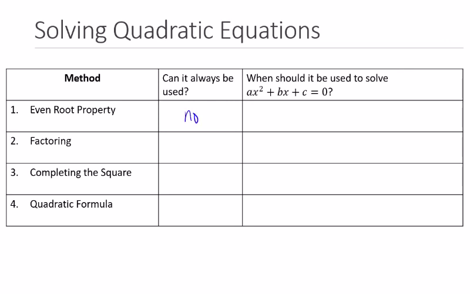No. When should it be used? Or when at least maybe can it be used, is when you have an x squared term, or that squared could be any kind of even power, but in the case of a quadratic, it's going to be an x squared, right? With no other x term, right?